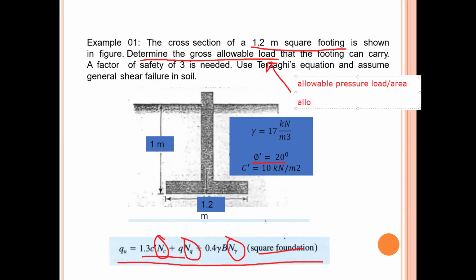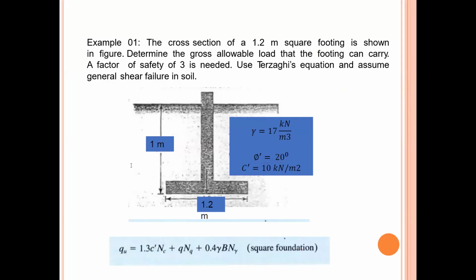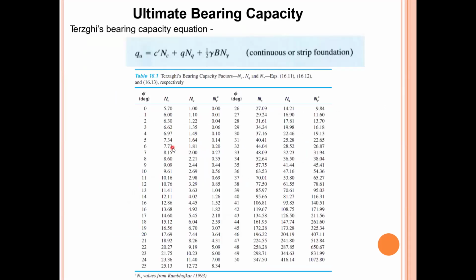So allowable load means what? Stress or pressure multiplied by area. So try this example. The parameters are given, and you can take other parameters from this table.